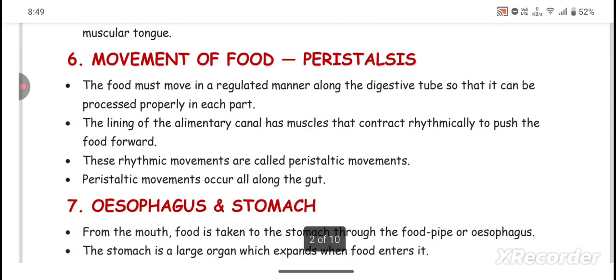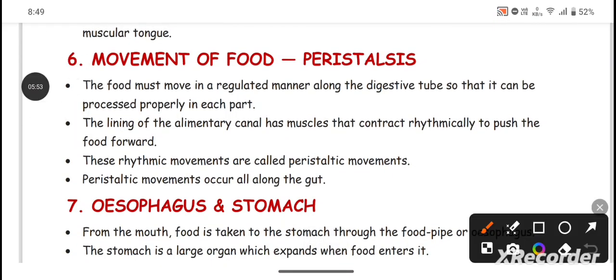Let's understand how the movement of food occurs. The movement of food occurs due to movements known as peristalsis, or peristaltic movements. The food must move in a regulated manner along the digestive tube so that it can be processed properly in each part.